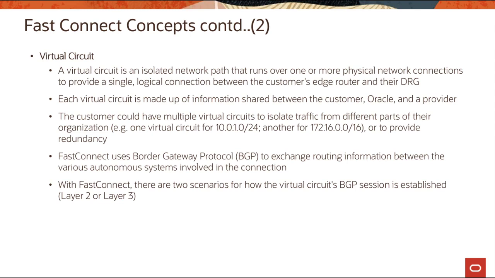Once the physical network is completed, the next part is the creation of the logical circuit. The logical circuit is known as the virtual circuit, and it's an isolated network path that runs over one or more physical network connections to provide a single logical connection between the edge of your existing network and the Oracle Cloud Infrastructure edge.